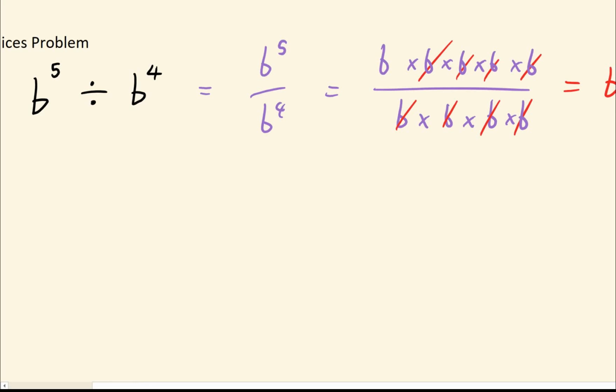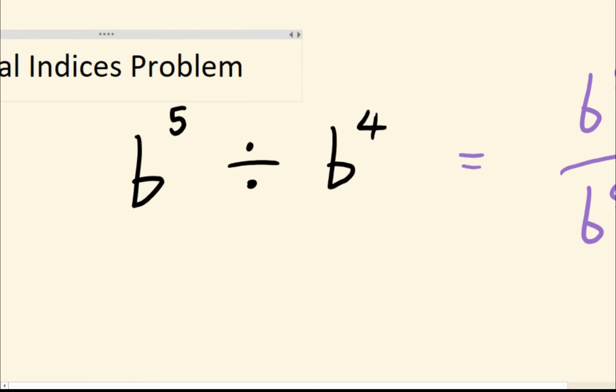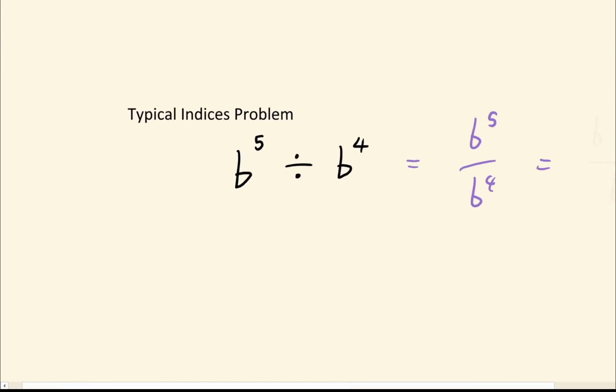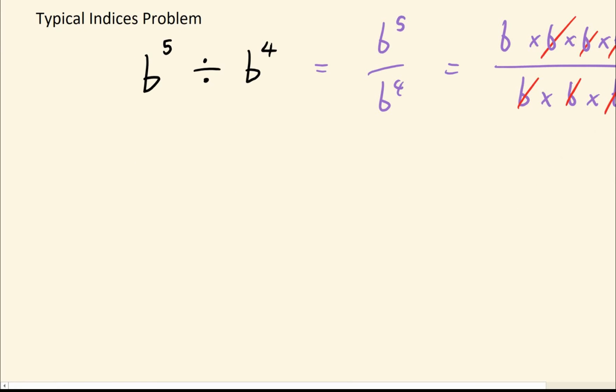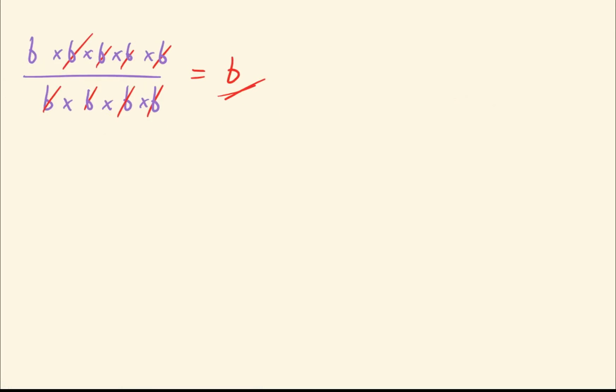So to explain the main rule or shortcut, basically we have 5 b's on the top, we have 4 b's on the bottom, and the b's on the bottom are taking away my b's on the top. So the shortcut is, all you need to do is subtract your powers here. If you do 5 take away 4, you're going to be left with 1b. And same before.